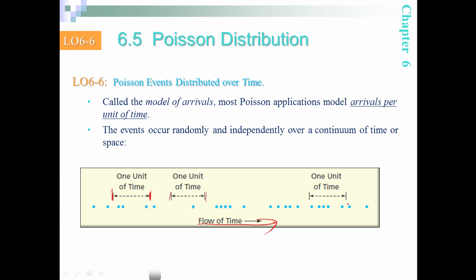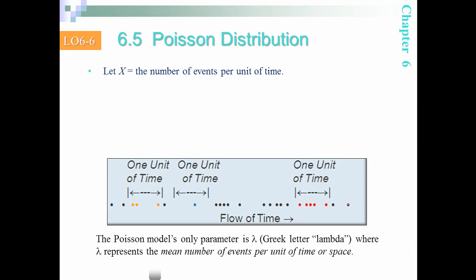So the Poisson is a very useful distribution, and there will be homework questions asking you about it. If we let x equal the number of events that occur per unit time, then x is a random variable that depends on when the unit of time is observed.